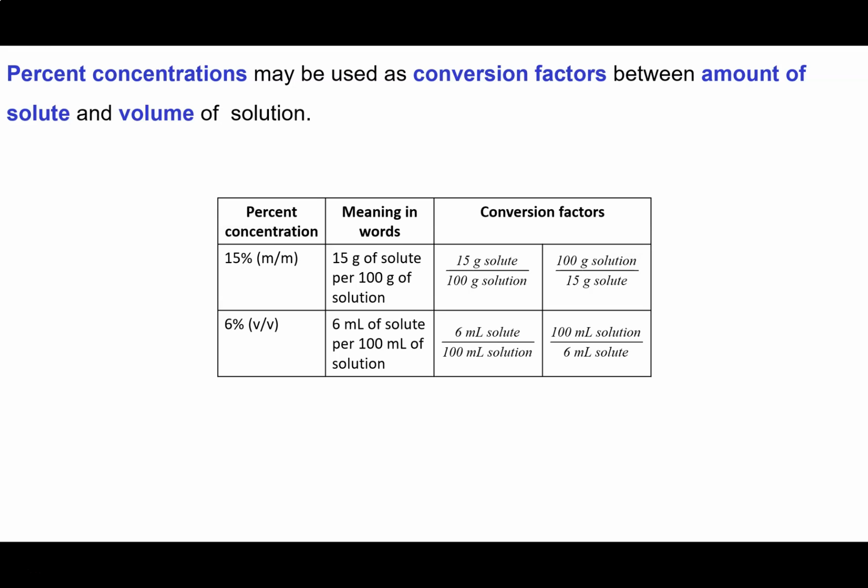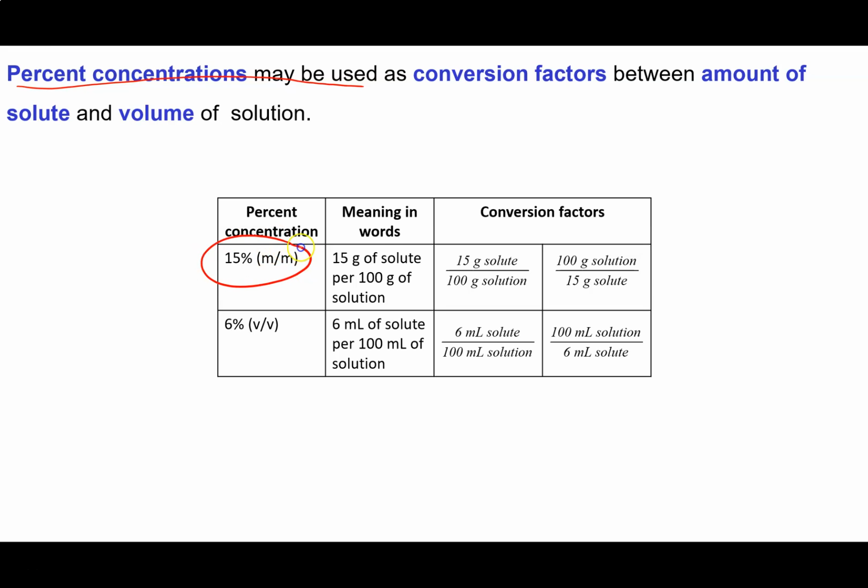Okay, so I mentioned that people that are working in the medical sciences often love percent concentrations, and one of the reasons is because they make dosing calculations kind of intuitive in a sense, more so than perhaps molarity. So percent concentrations are often used as conversion factors between amount of solute and volume of solution.